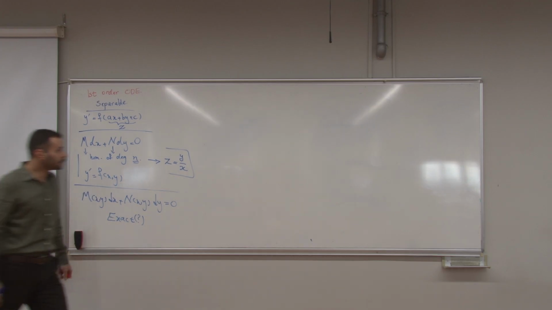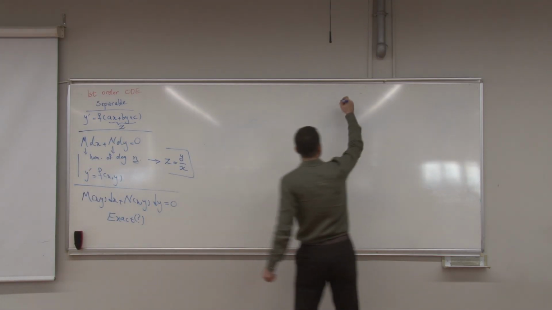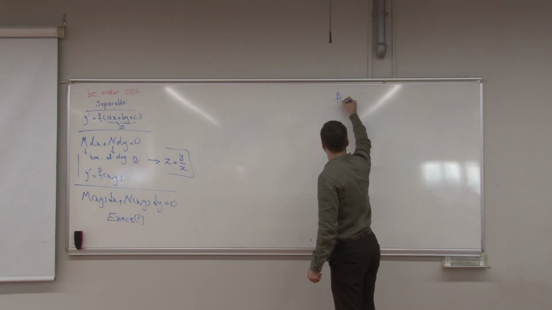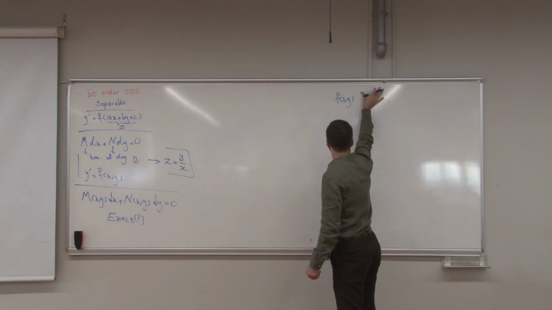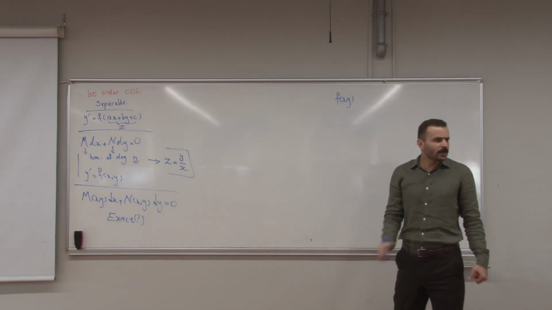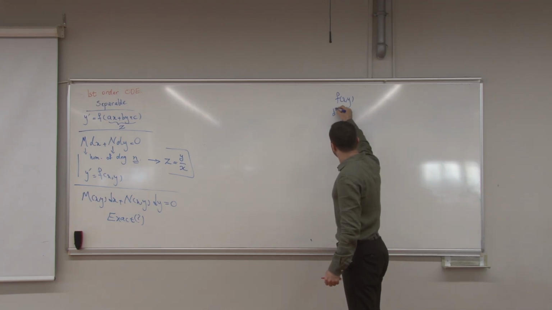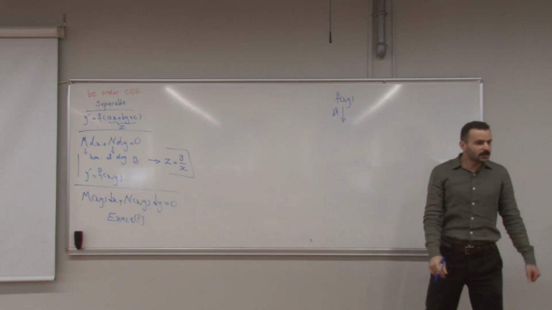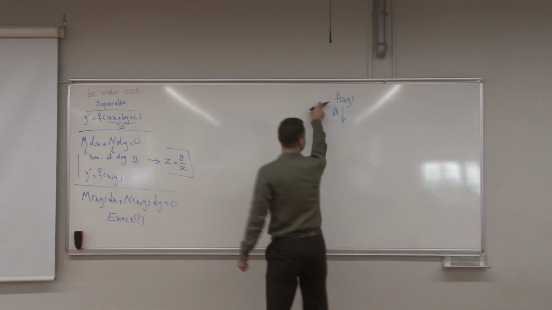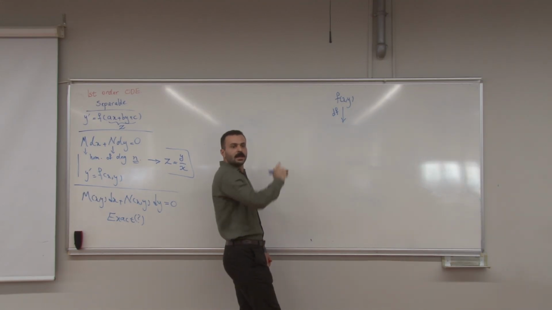What was the definition? When you have a function f(x, y), how can we calculate its derivative? What is the derivative of f? The derivative of f is going to come in this form.